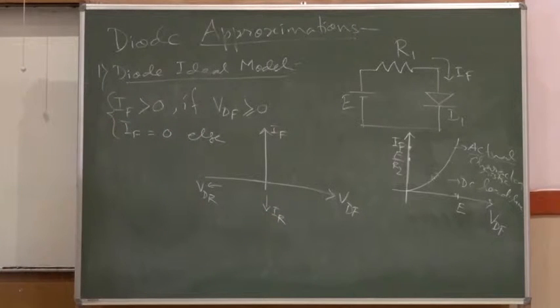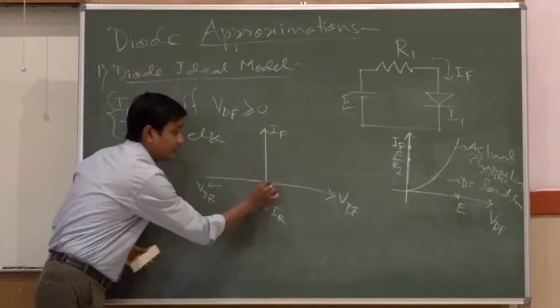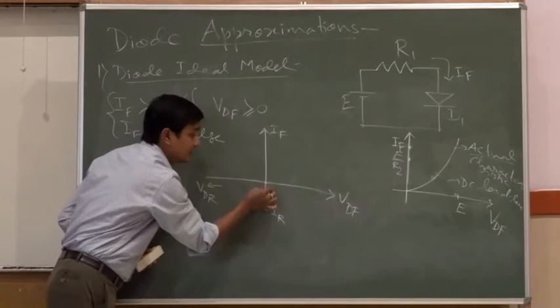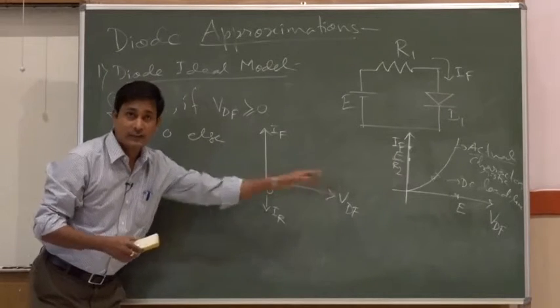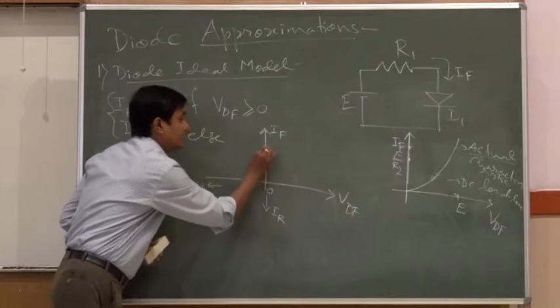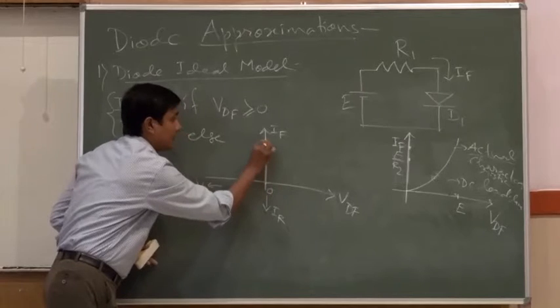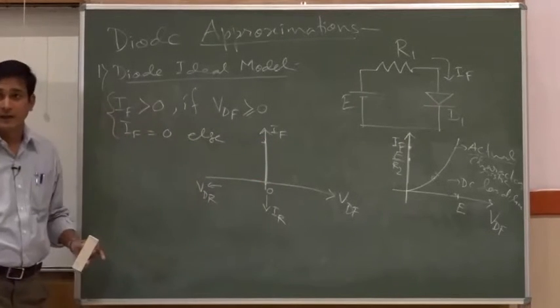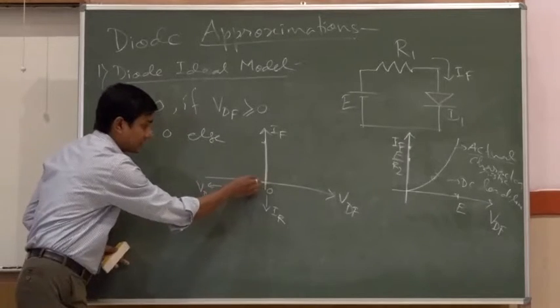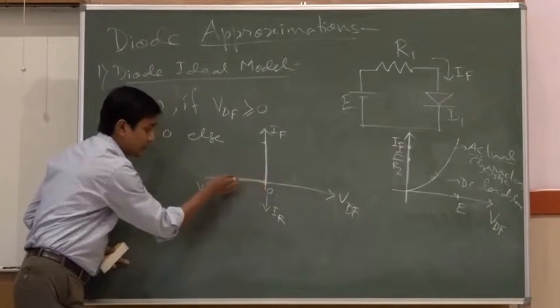But we are concerned only with IF greater than 0. So, where will I get it? I will get it if this VDF is more than 0 volts. For that, I will get a current like this. And if it is less than 0, then I will see it is 0.